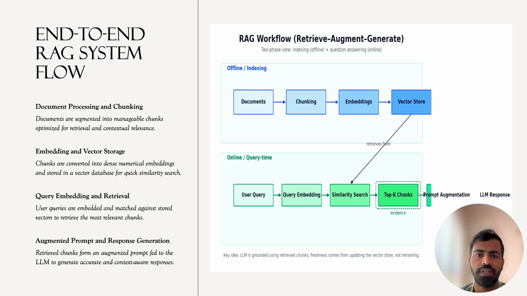So the LLM generates the final answer grounded in that retrieved context, which reduces hallucination. Overall quality depends on tuning every stage: chunking, embedding quality, retrieval settings, and prompt assembly to maximize relevance, accuracy, and reliability.